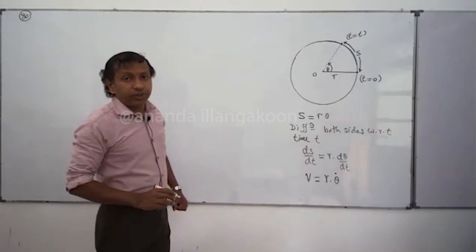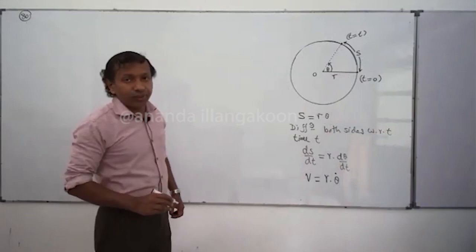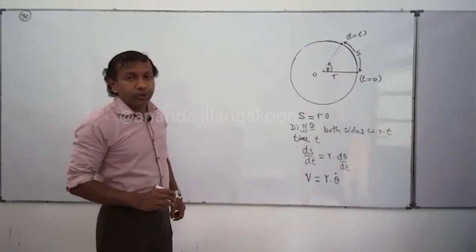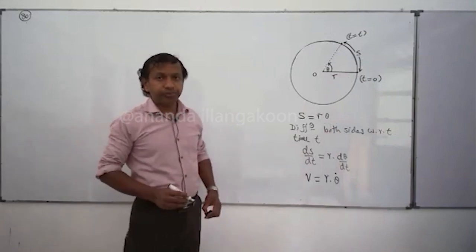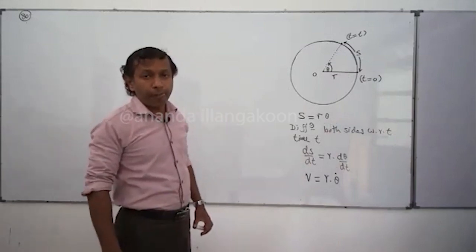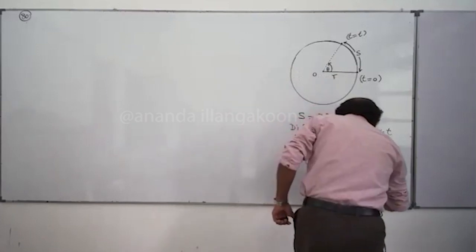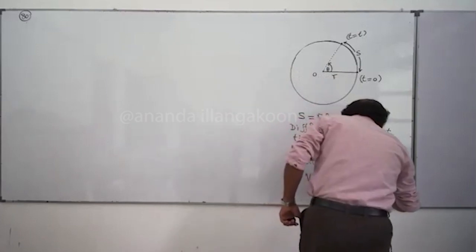What is theta dot? The rate of change of angle at the center, the angular velocity. So we use the notation theta dot to denote the angular velocity.